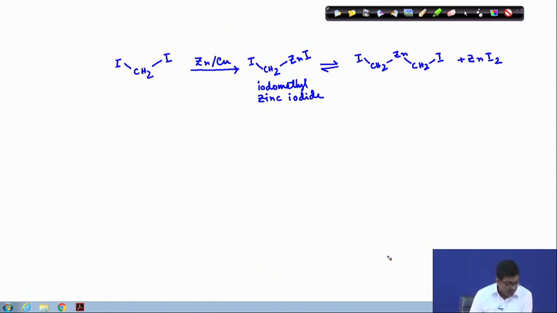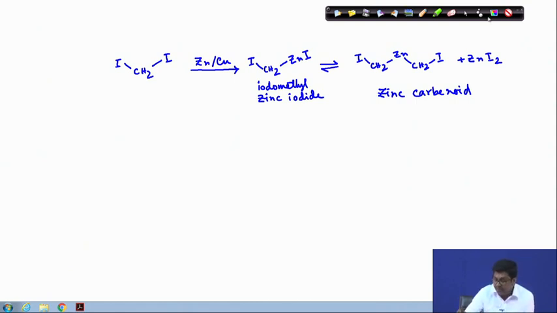We can think of it as a zinc carbenoid. We have already studied what a carbenoid is: it behaves like a carbene, but it is associated with some other metal, like here with zinc.